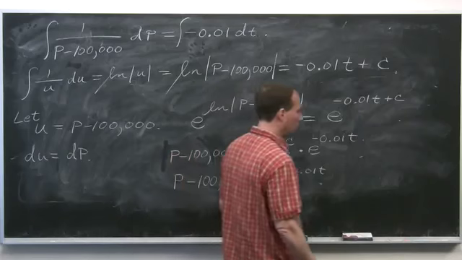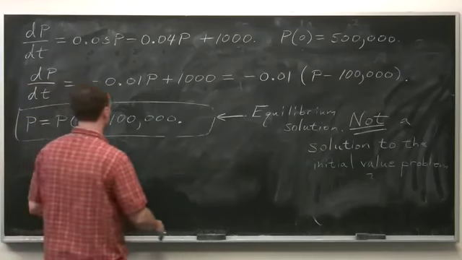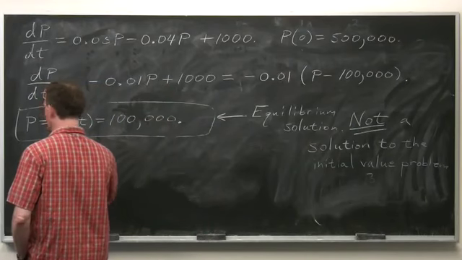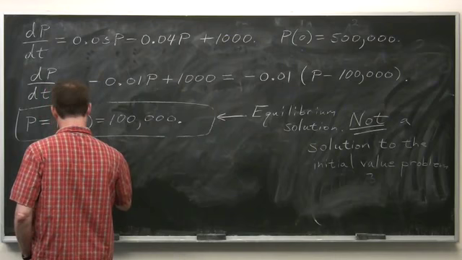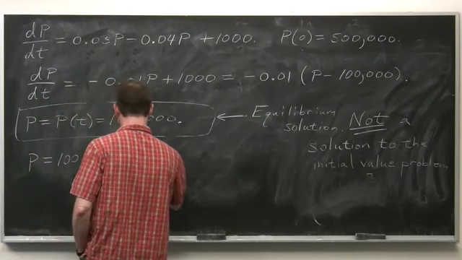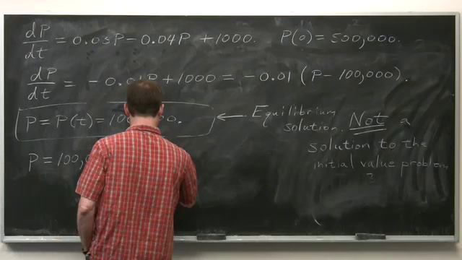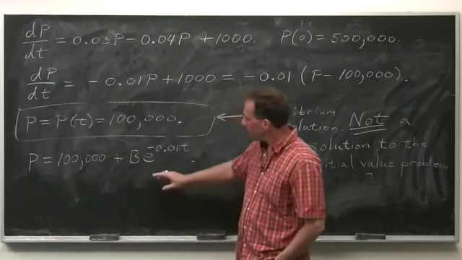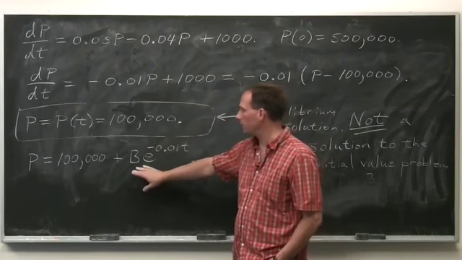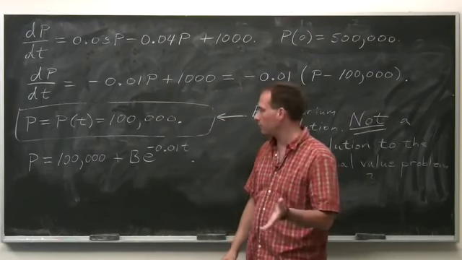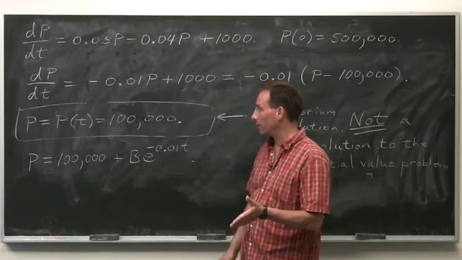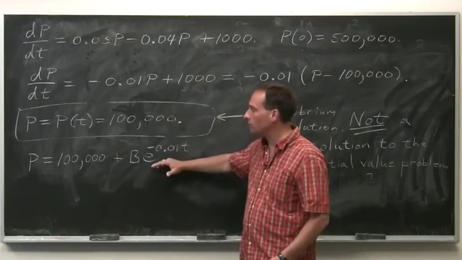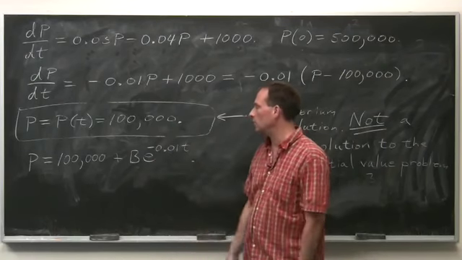And so our general solution, including the equilibrium solution, is P equals 100,000 plus B e to the negative 0.01t. In fact, this solution includes that one. Our method of derivation told us that B had to be positive or negative, not 0, but by letting B be 0, we get this other solution. So this is what every solution looks like, where we can let B be any real number.